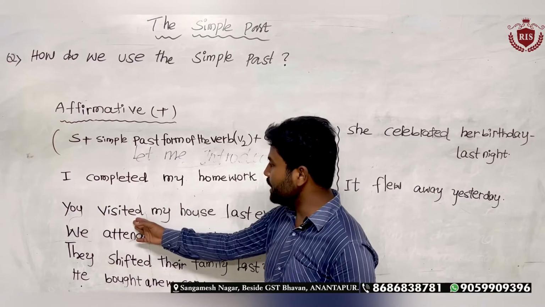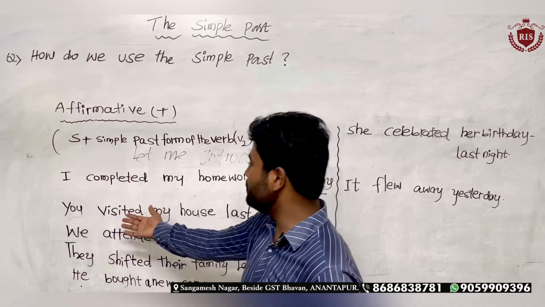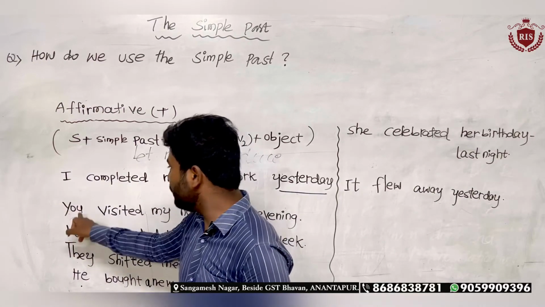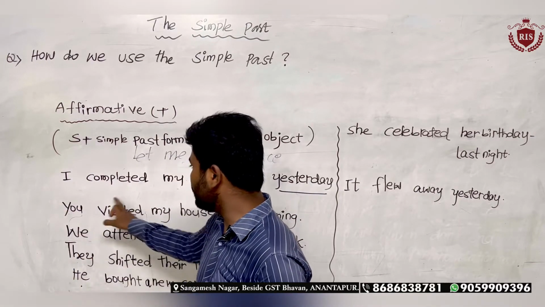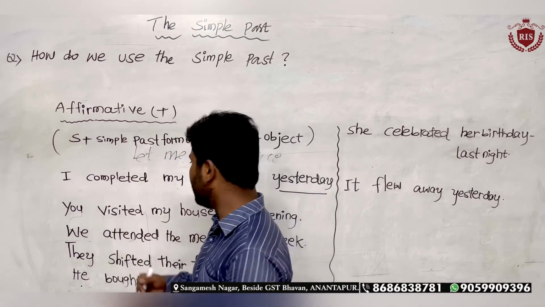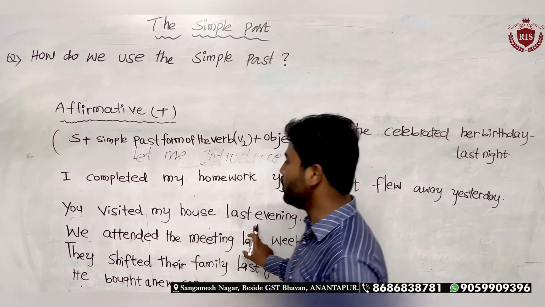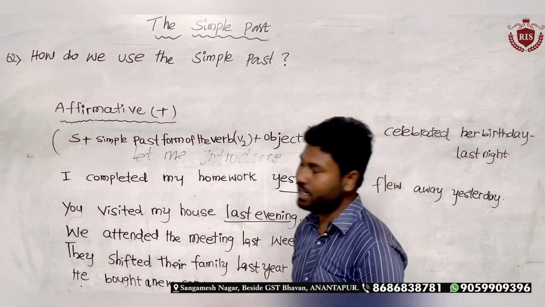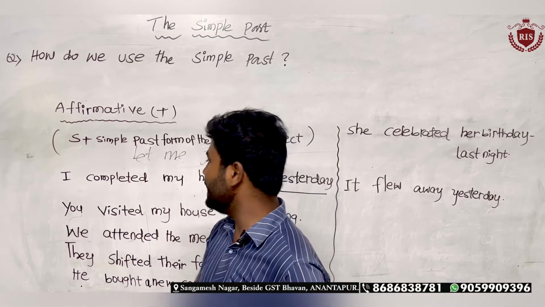Next, even if you take the second example, it is the same. Here we have taken the pronoun you as the subject. Even for the pronoun you, after it we have taken the V2 form of the verb, the simple past form of the verb. Afterwards the object follows as usual, and in the end the keyword we have written. I have underlined the keyword so that you can easily identify it.